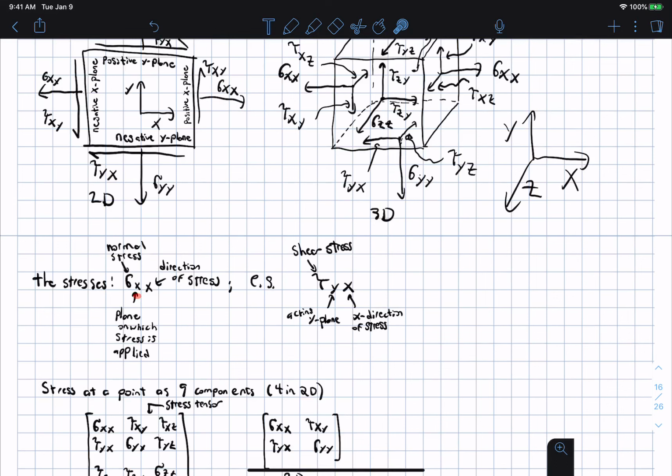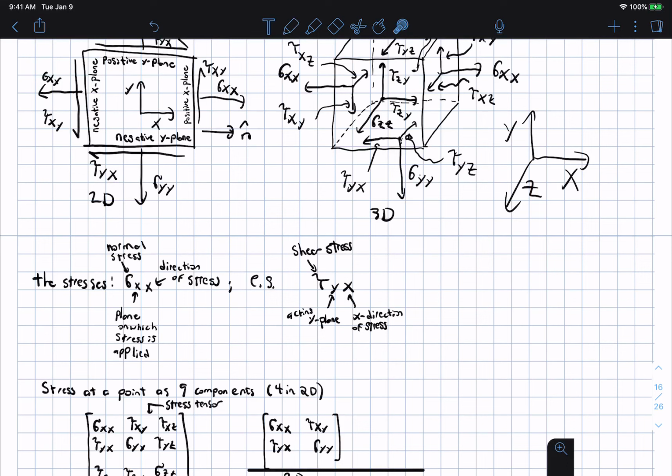The first letter indicates what plane the stress is normal to. So a tau x or sigma x means that it's a force acting on a plane in the x direction, or that n hat for the plane is pointing in the x direction.